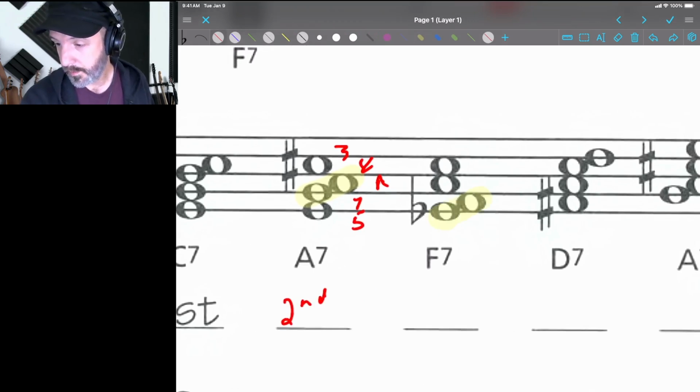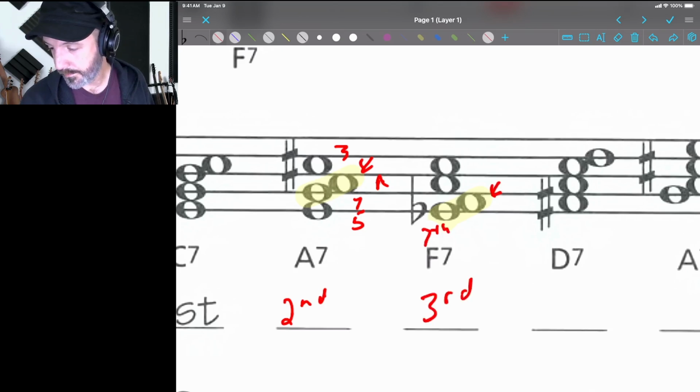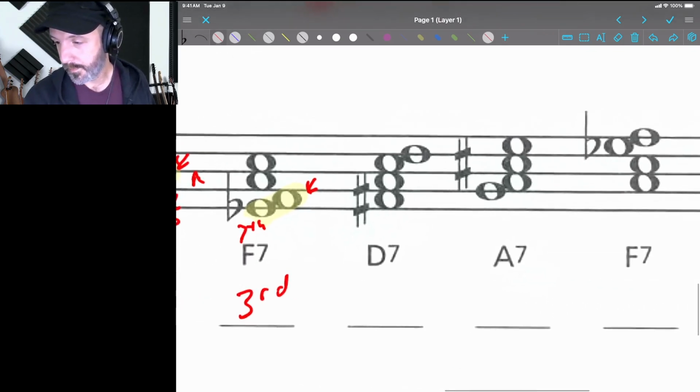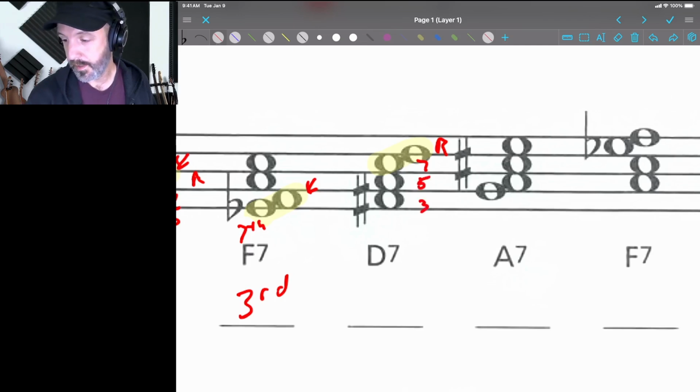There's the root, which means this is the 7th: third inversion. So root, 7th, 5th, 3rd. Third's the lowest note, that's first inversion.